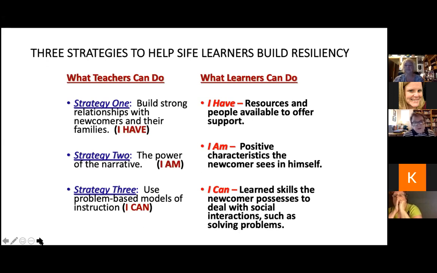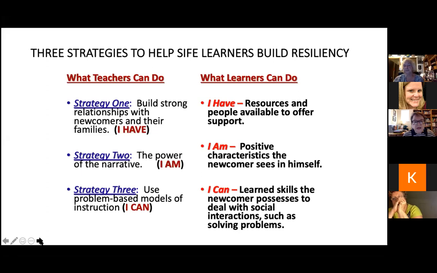And finally, the third strategy is using problem-based models of instruction. This is the I can. So if I can tap into people that will help me in social interactions or solving academic problems, this is my resource group. And I can do this now, but if I need help, I will then turn to the I have to use some of my resources.